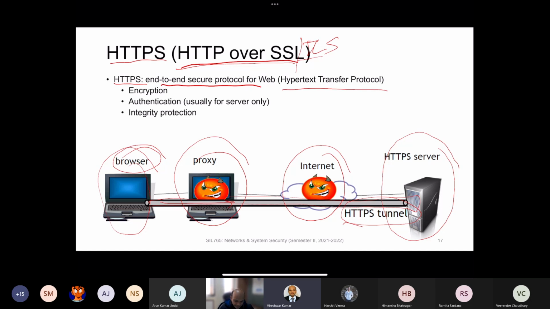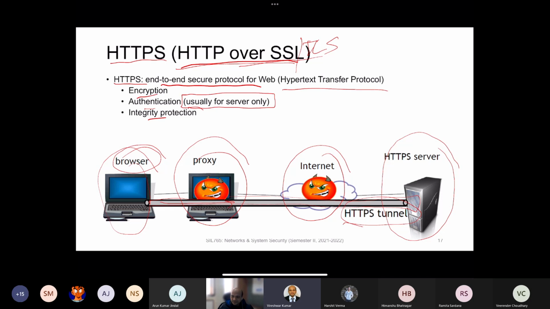And then the properties that are provided by TLS: we already have discussed encryption, authentication, and integrity protection of the messages. And then we also talked about this: if you are surfing a website, typically it is only the server which is authenticating to the client.